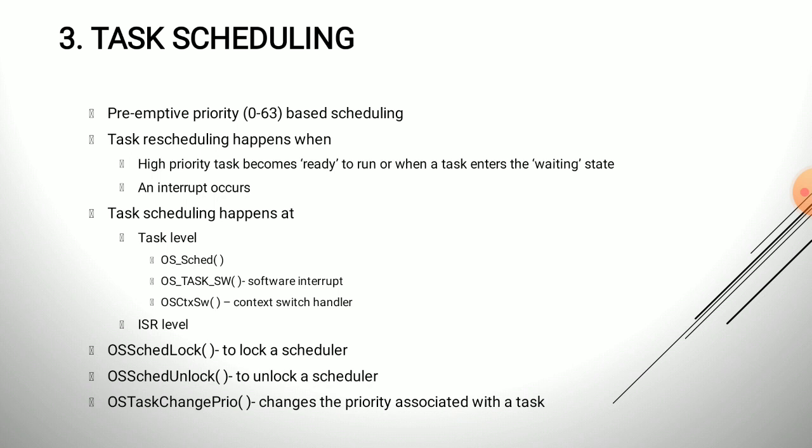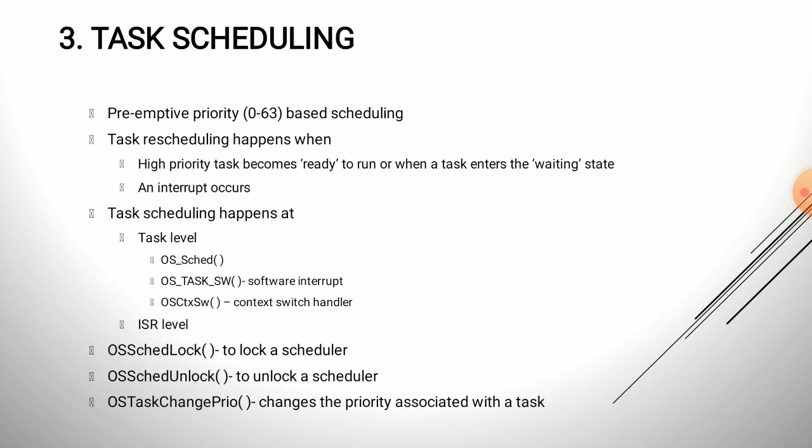Out of this, the 4 highest priorities, that is 0 to 3, and the 4 lowest priorities, that is 63 to 63 minus 3, are reserved for the kernel.